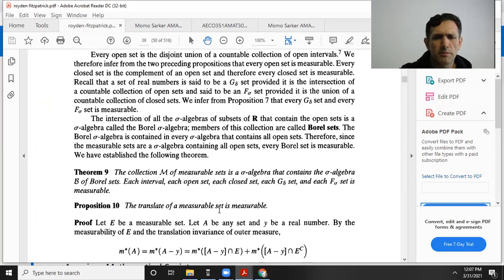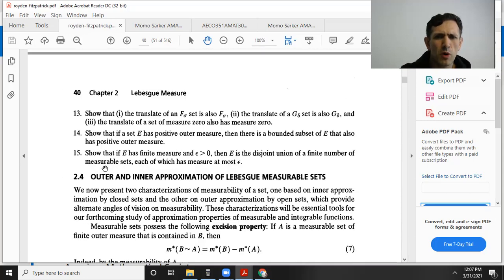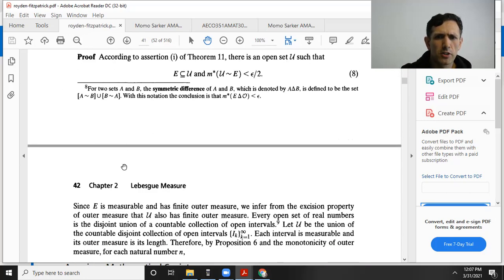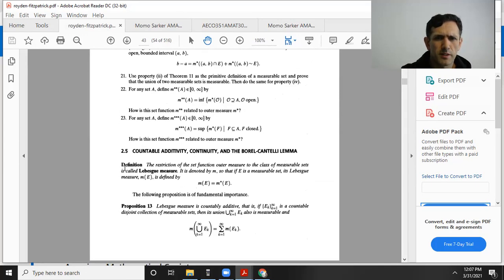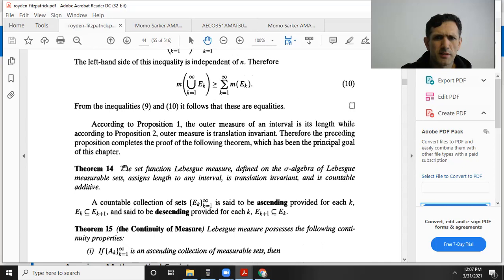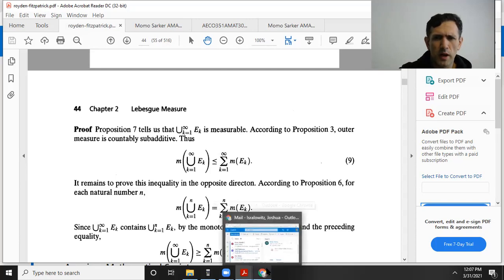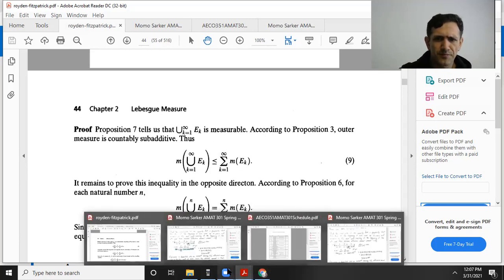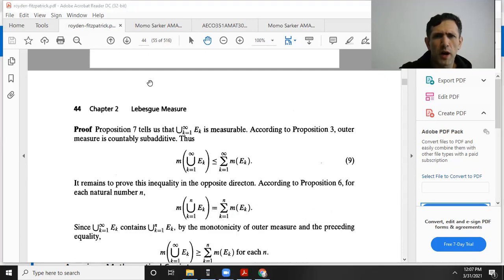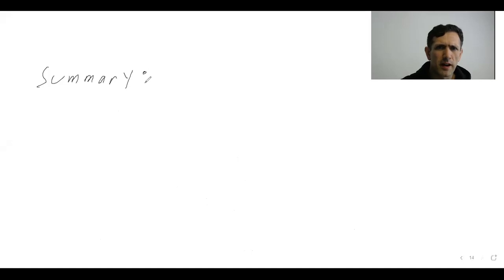I'm going to summarize theorem 9, but I also want to quickly skip ahead to basically theorem 14, which is just a summary of everything we've done. Because I think it's worthwhile to summarize everything we've done so far. So a summary is following.